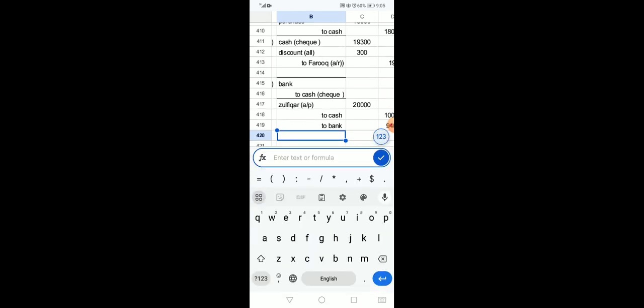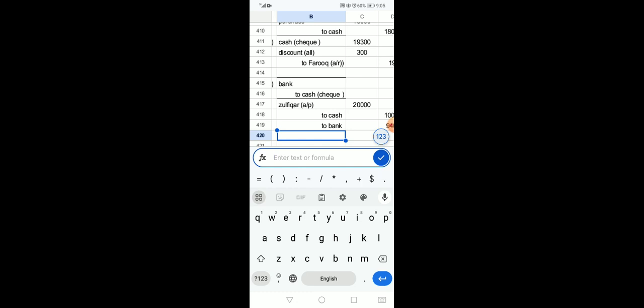It means we were liable to pay 20,000 in full settlement, but Zulfikar has allowed us to pay less. It is to our benefit to pay less. If he is permitting us to pay less, we are receiving some benefit, which means we are receiving a discount. Discount received is your income.